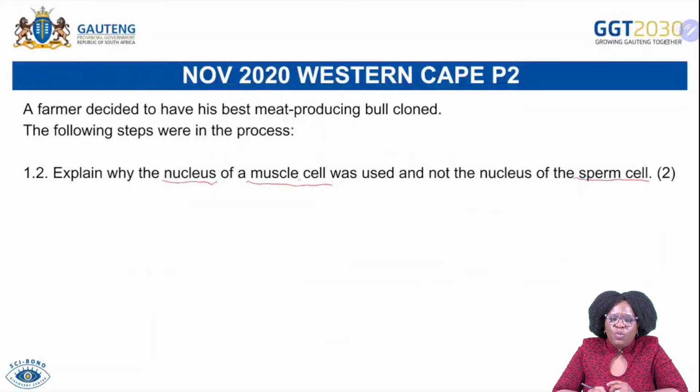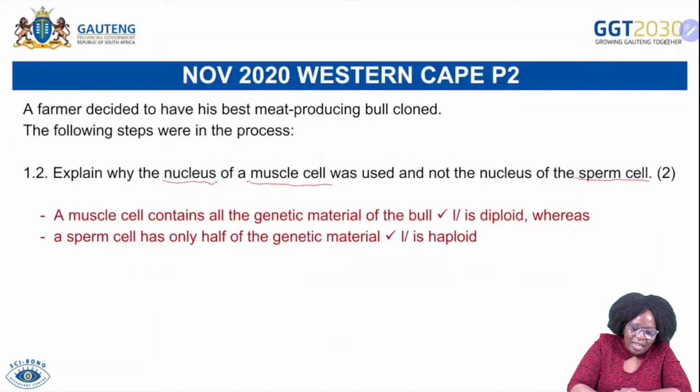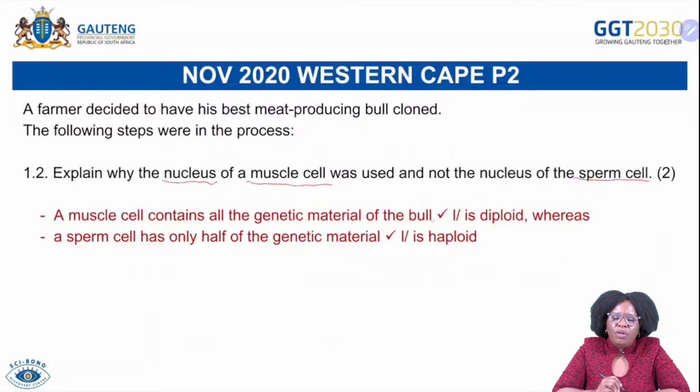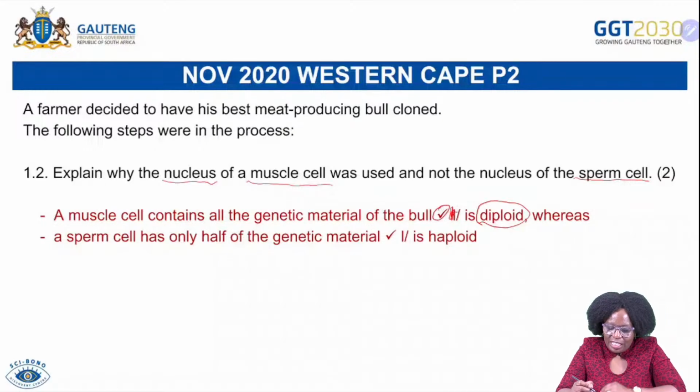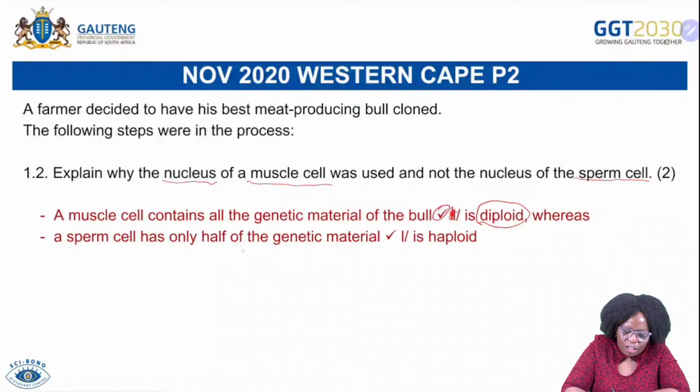Already part of it we discussed before we reached this question. And the reason is that a muscle cell contains all genetic material of the bull, complete set, and is diploid. It has got diploid number, so it is diploid. It has got everything, like full set. Whereas a sperm cell has only half of the genetic material, so it is haploid.